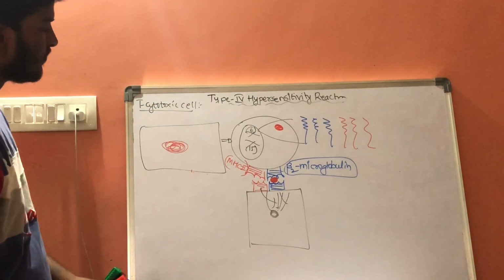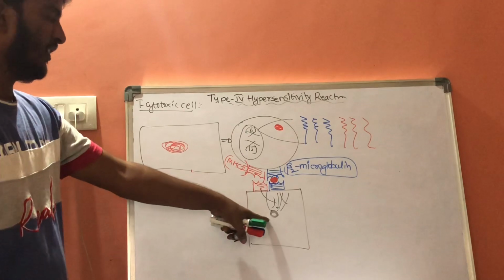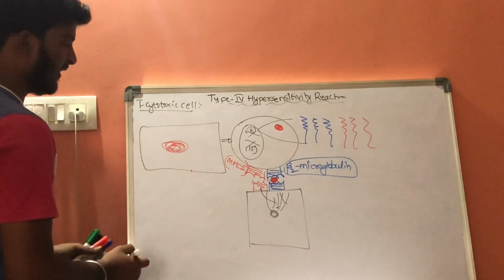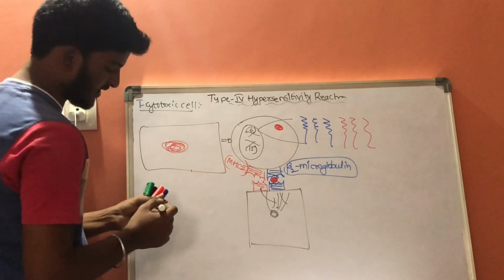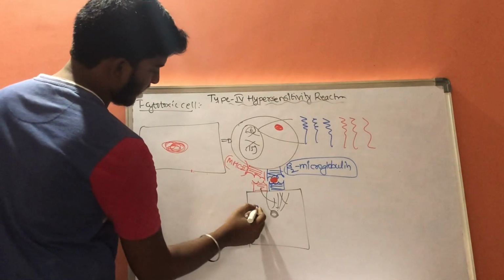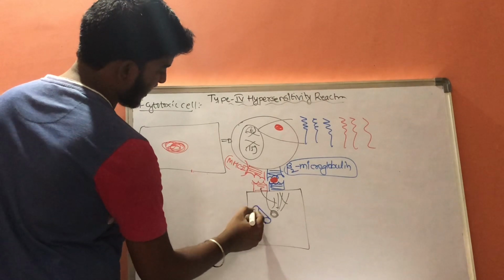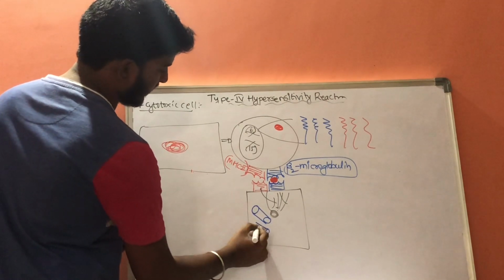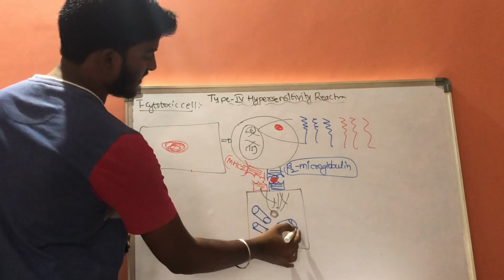Now whenever the nucleus of this T helper cell is activated, it releases special proteins. These are special kinds of proteins which are present inside the T helper cells.